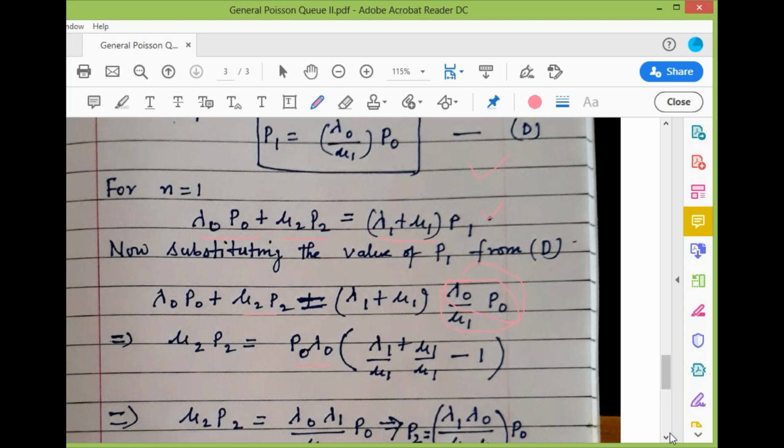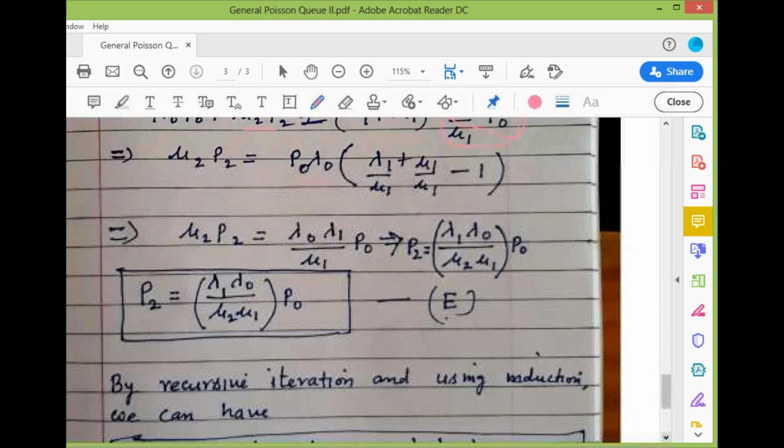If you simplify this, mu2 P2 is equal to lambda0 upon mu1 and P0. The 1 will cancel 1. So lambda1 over mu1, and this lambda0 is here, and this is P0. So P2 is this part.